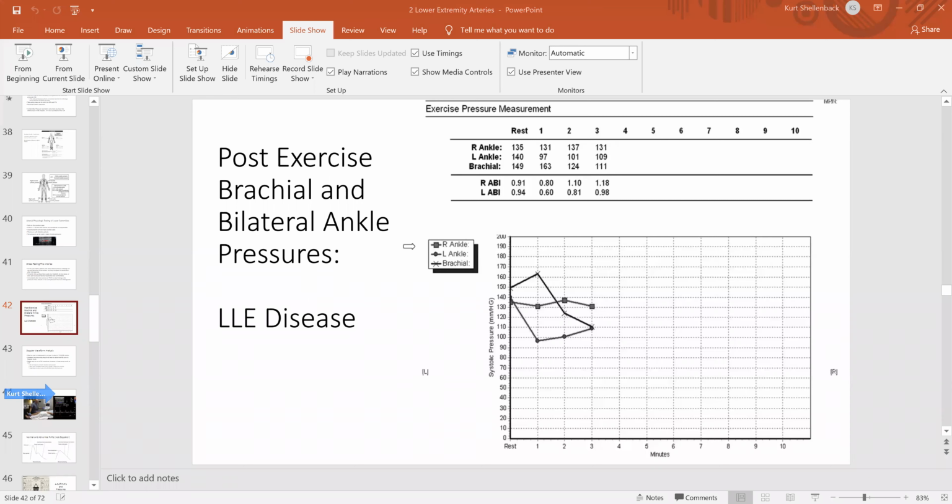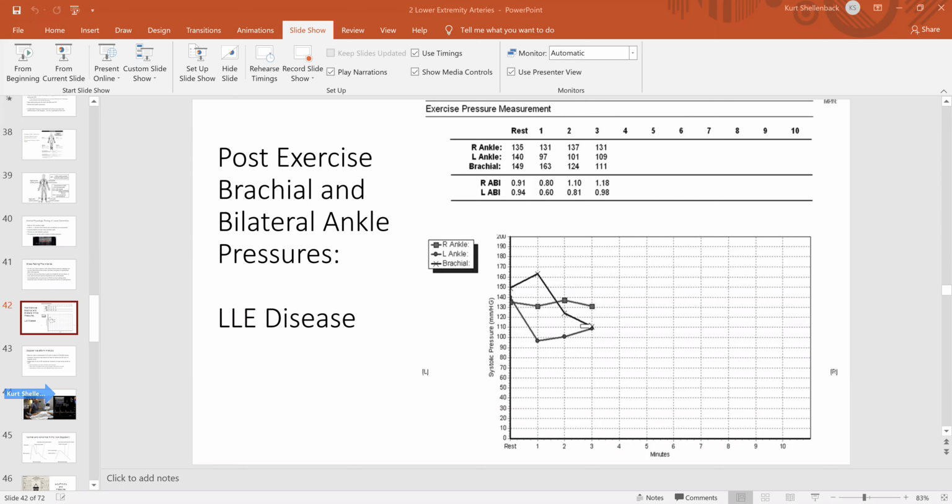Okay. Right ankle, left ankle, brachial. So the right ankle is the box. Left ankle is the circle. And brachial.